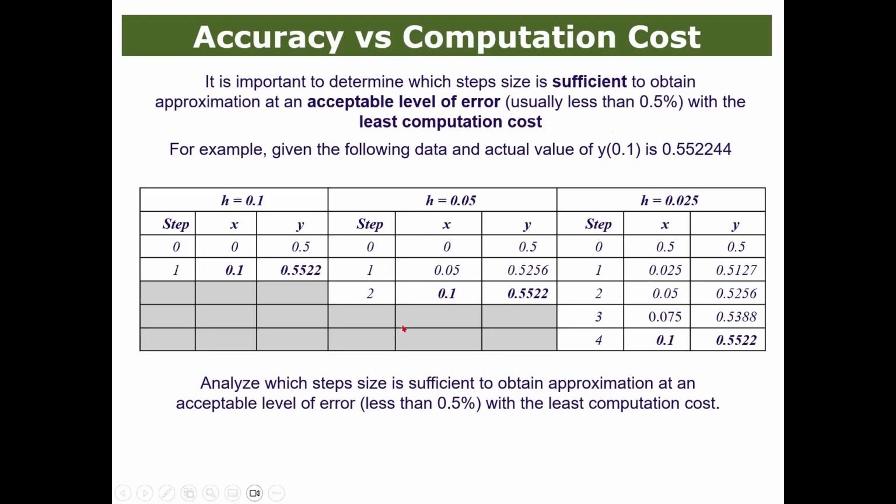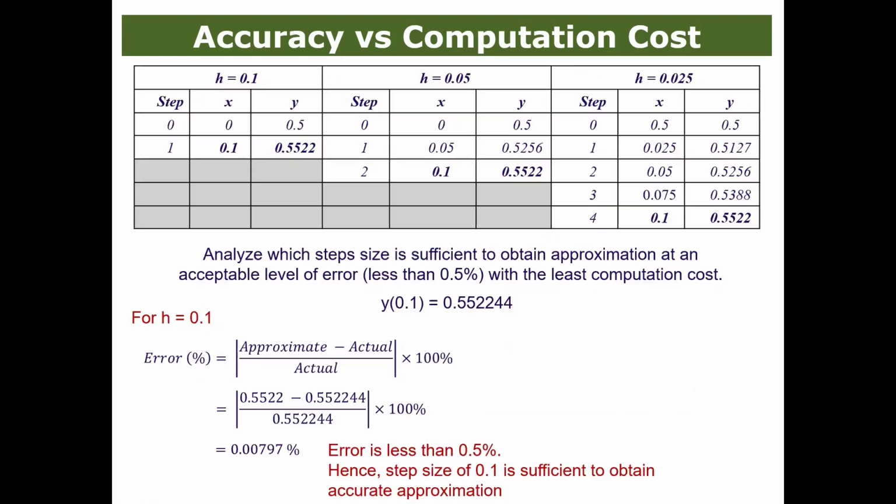The data given here is the approximation value, using the RK method, and there are three different step sizes, 0.1, 0.05, and 0.025. We have to find which step size can give us an acceptable approximation with the least computation cost, which means we want to aim for a high step size, but sufficient to get an accurate value.